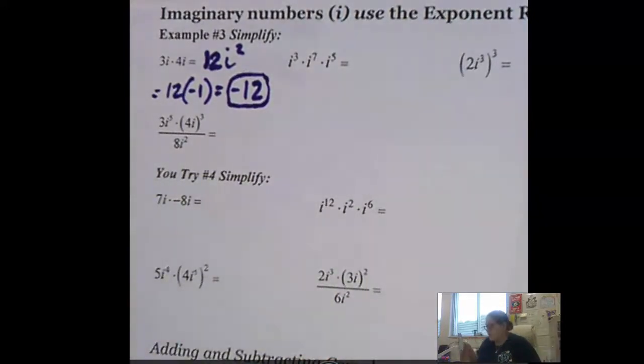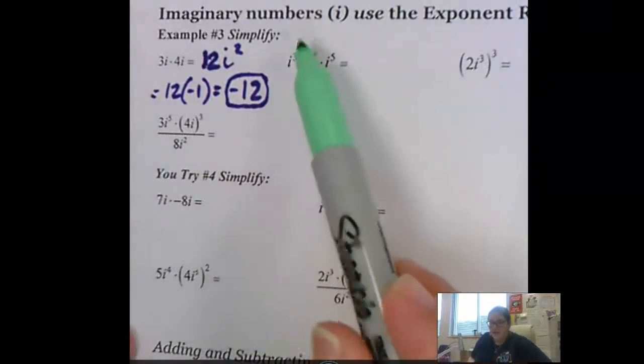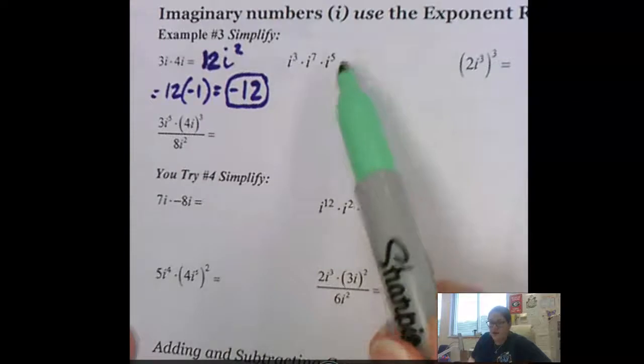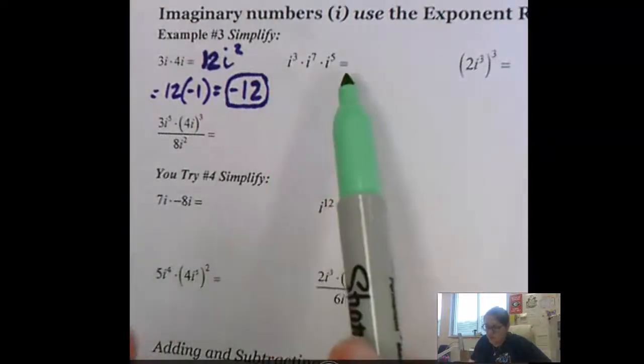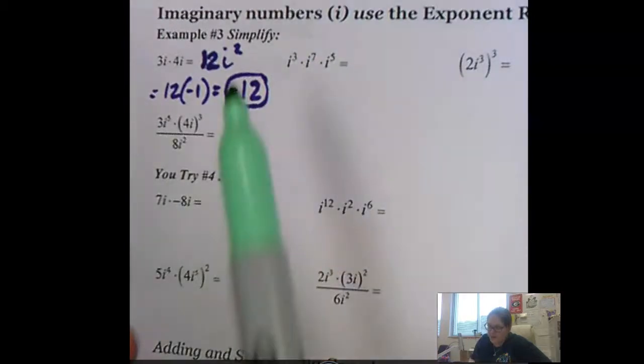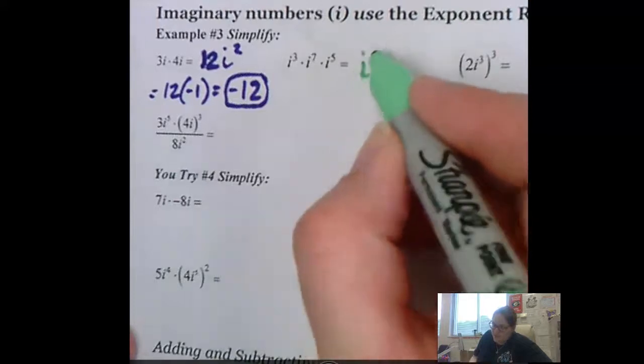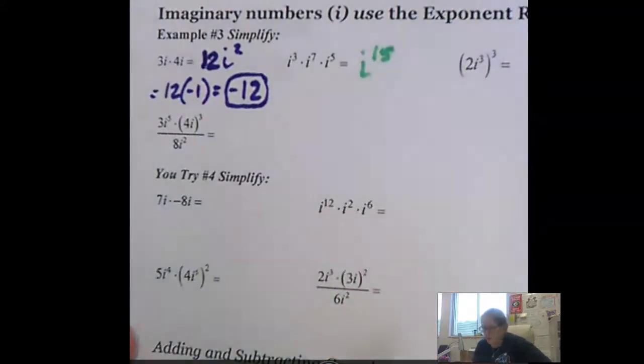So that's the idea with these: we condense them down with just one single i term and one single number, and then write it as simply as possible. Here I have i to the 3rd times i to the 7th times i to the 5th. So I'm multiplying 3 terms with the same base. The rule is I'm adding my exponents. So 3 plus 7 is 10, plus 5 is 15. So this would be i to the 15th power.